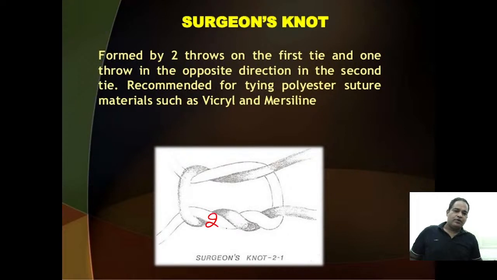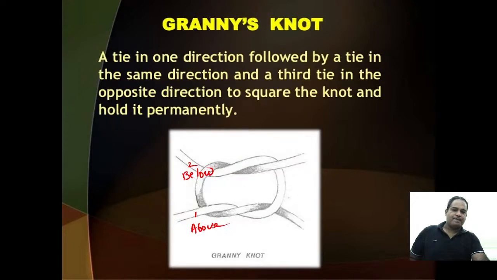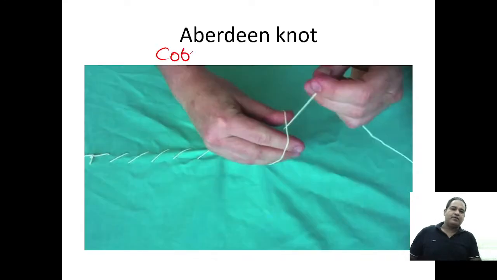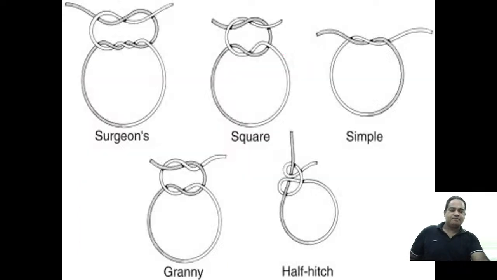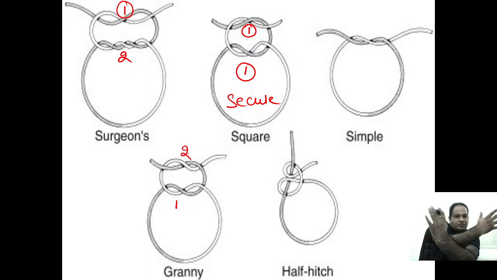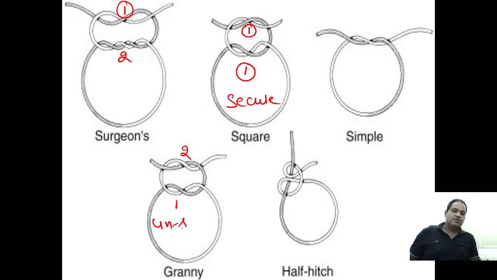Surgeon's knot: two knots followed by one securing knot. Aberdeen knot, also called cobbler's knot. Square knot is a secure knot. Granny knot is one knot followed by an opposing second knot, so this is an unsecure knot.